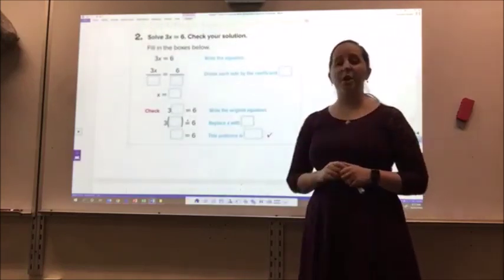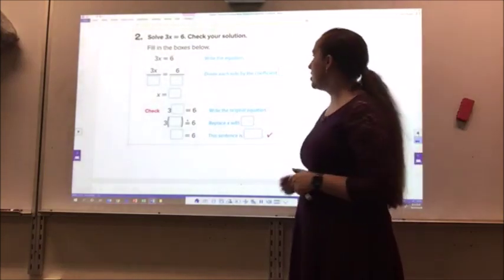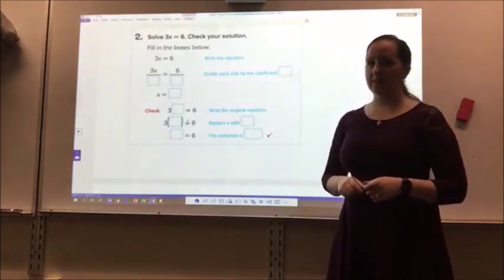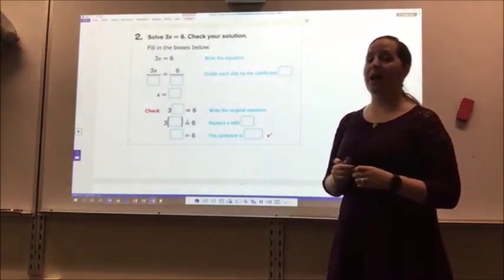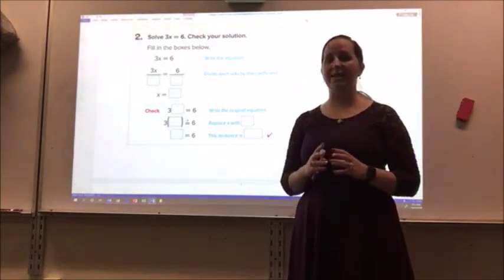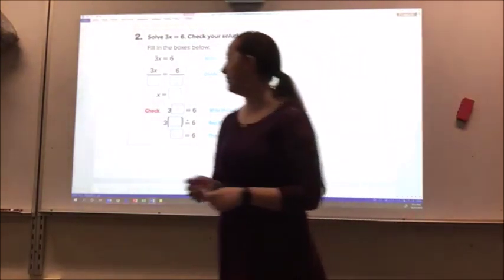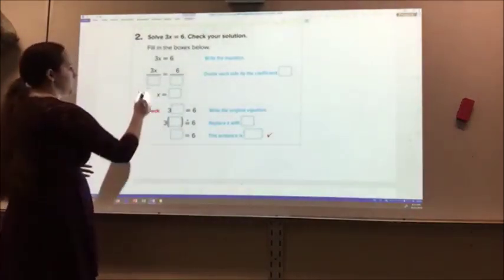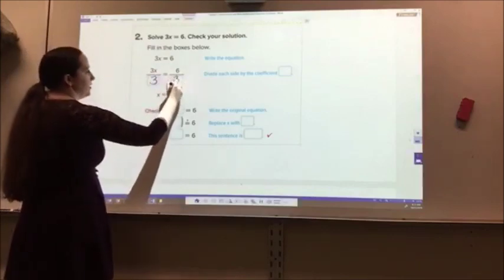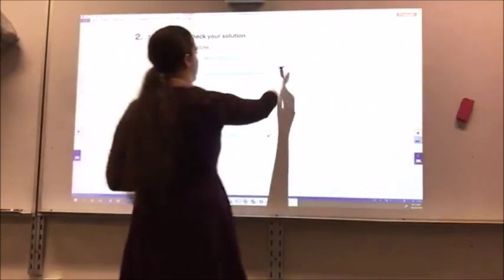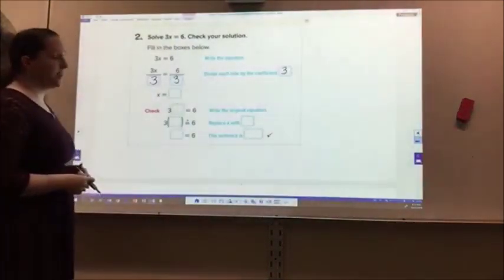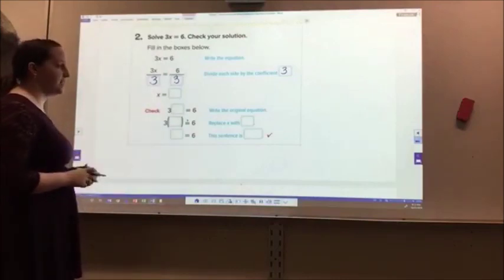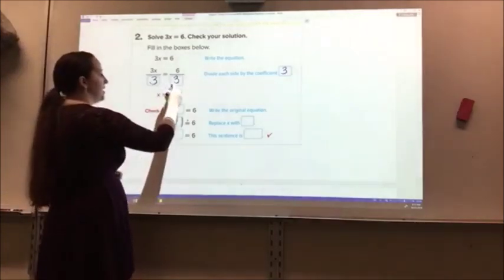For number 2, I have solve 3x equals 6. Check your solution. Fill in the boxes below. 3x equals 6. I want to divide both sides by the constant that is attached to my variable. I divide each side by the coefficient, which is 3. 3x divided by 3 gives me x. 6 divided by 3 is 2.